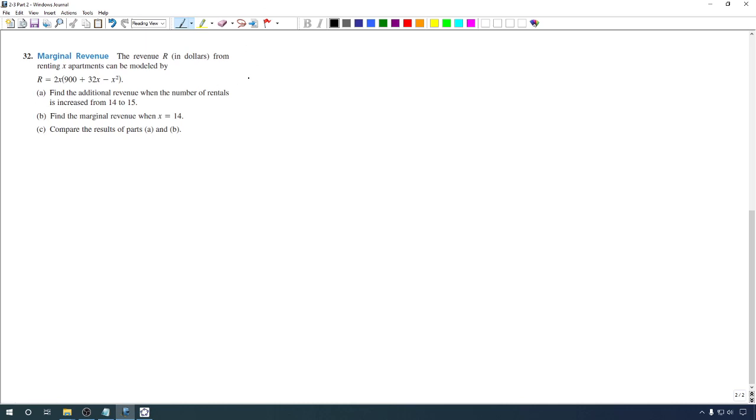Basically, for part A, we need to know what is the revenue if we have 14 rentals, and what is the revenue when we have 15, and how much did we change going from 14 to 15? Well, we're following this formula, so we go ahead and plug in 14.